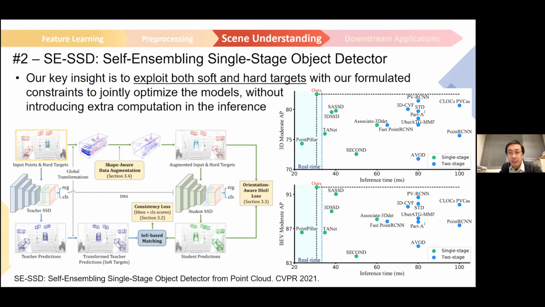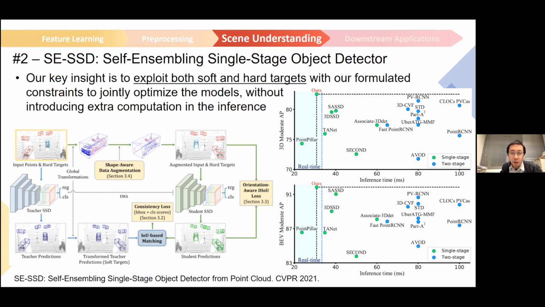During self-ensembling, we design consistency losses to make sure the final prediction is consistent, even though the hard targets are created after data augmentation. By this means, we can enrich the teacher SSD using the student SSD's knowledge.